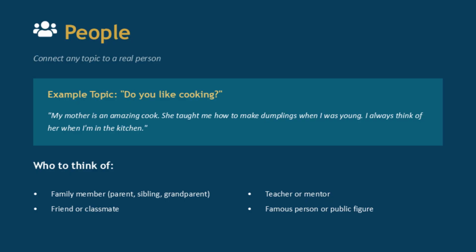Okay, so the three idea rule in detail, right? Let's look at the first one, the people rule, with an example topic: do you like cooking? With the people rule, who are we going to think about? We can think about a family member, a parent, a sibling, a grandparent, or a friend, a classmate, a teacher, a mentor, a famous person, or public figures, right?